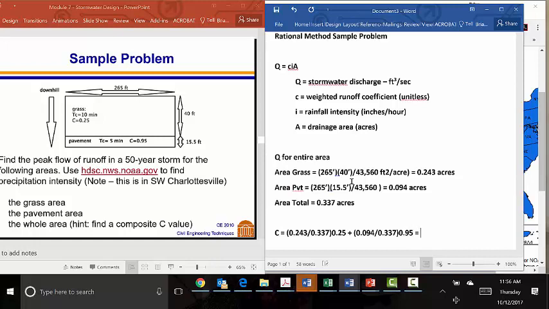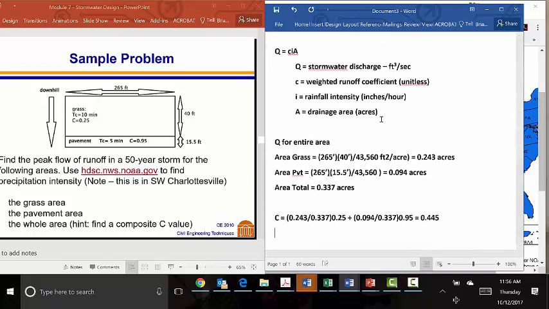So as you see, we're just weighting these coefficients based on the percentage of that area for the whole site. And so our total coefficient, our composite coefficient, weighted coefficient, in other words, is 0.445. So that's the value that we're going to use here for C in our calculation. Now, let's go to rainfall intensity.